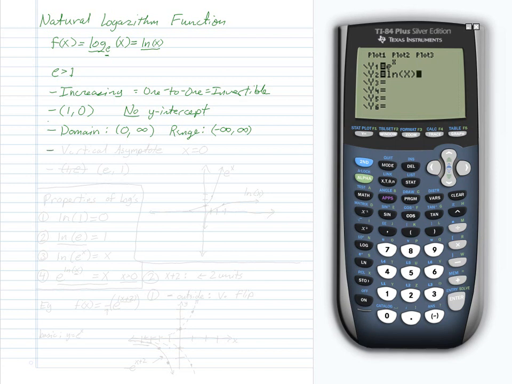Similarly, the exponential has a horizontal asymptote, so the logarithm has a vertical asymptote. And this will graphically manifest as our graph approaching the line x equals 0, the vertical line, that is the y-axis.